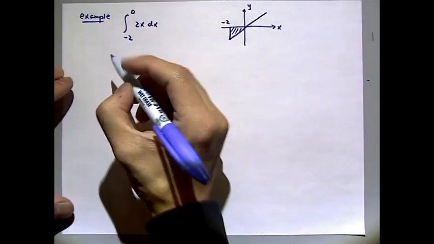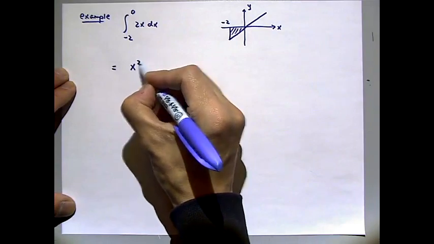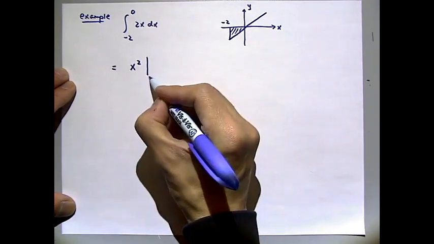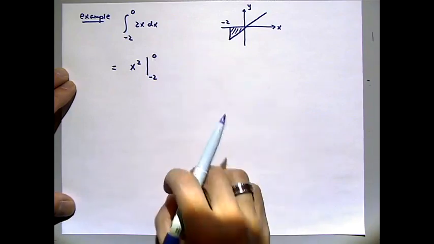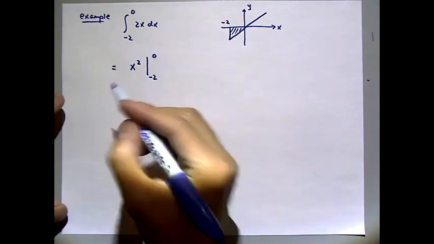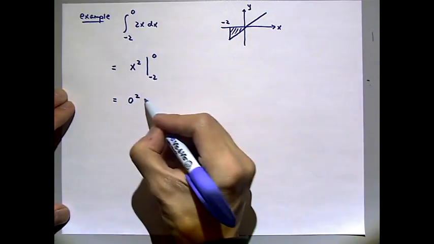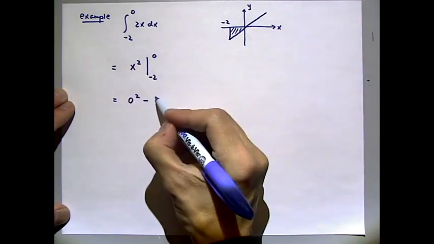Let's see what we get when we apply FTC2. We know the antiderivative is x squared. Let's use the short notation we just learned. This is representing what x squared is at 0, minus what x squared is at -2.